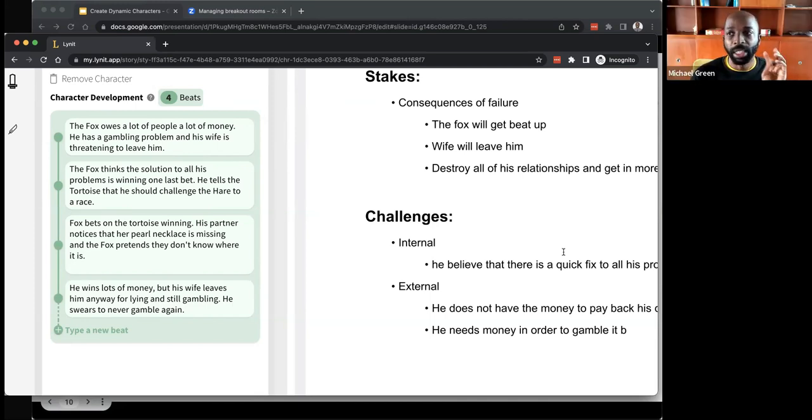So just continuing to gamble, that's continuing with where he was, right? So he wouldn't be particularly closer or further to that internal challenge, with rejecting it.